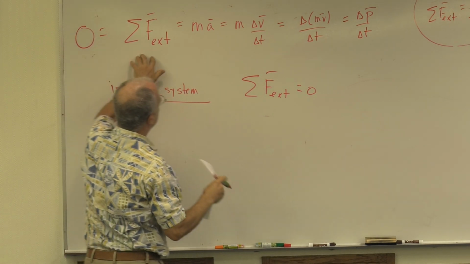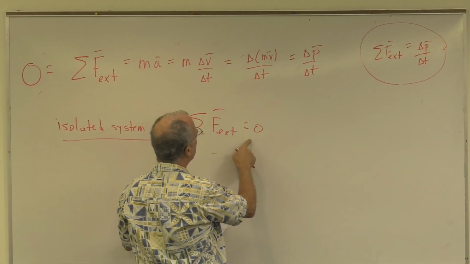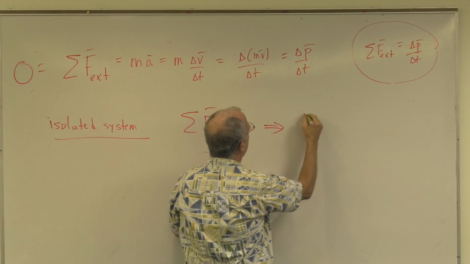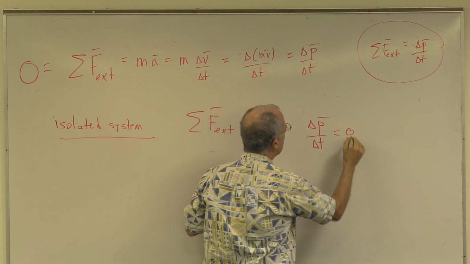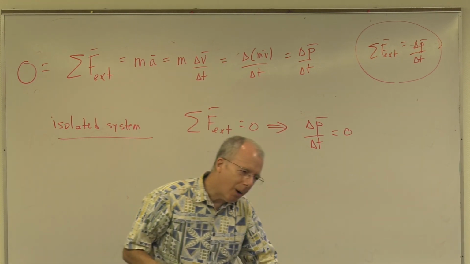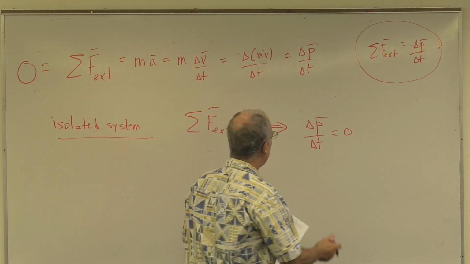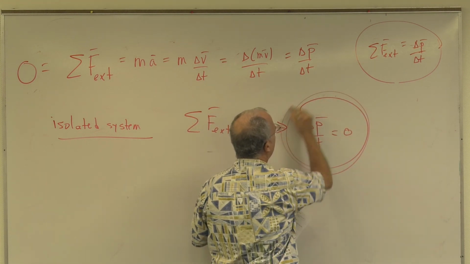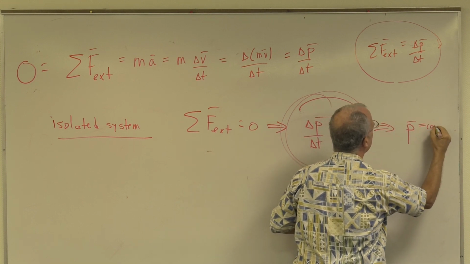So if the sum of the external forces is 0, it means that delta p over delta t is 0. Well, if you change something and it's 0, it means it doesn't change, right? So what does this mean? It just means that the momentum is constant.